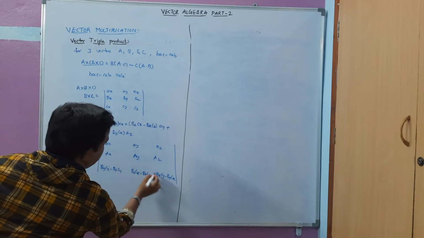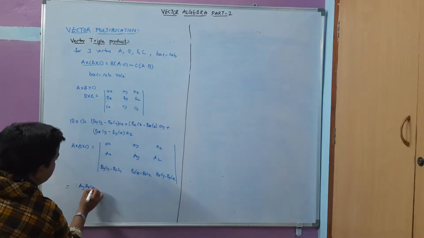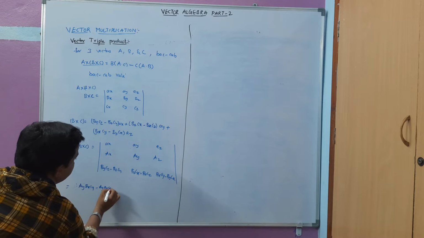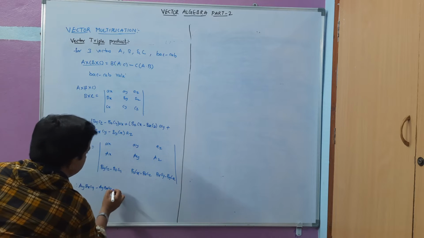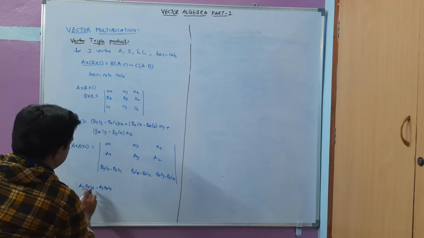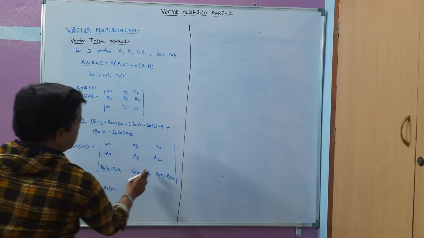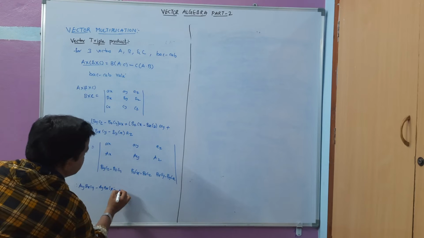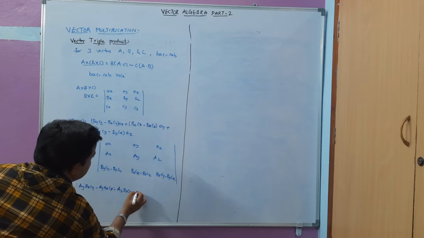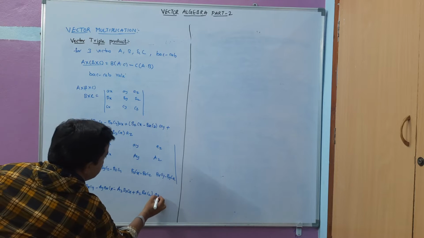AY BX CY minus AY BY CX, minus AZ BZ CX, I will get plus here AZ BX CZ into AX.